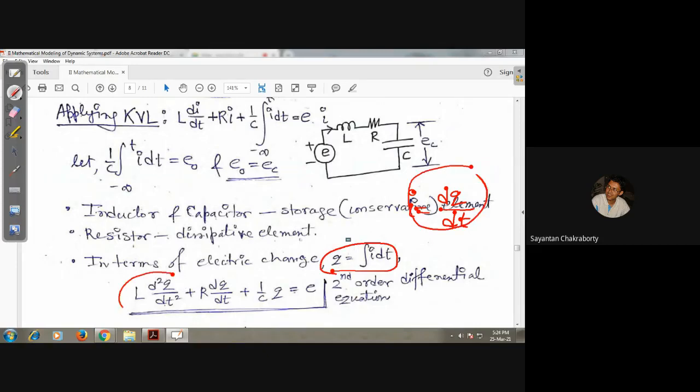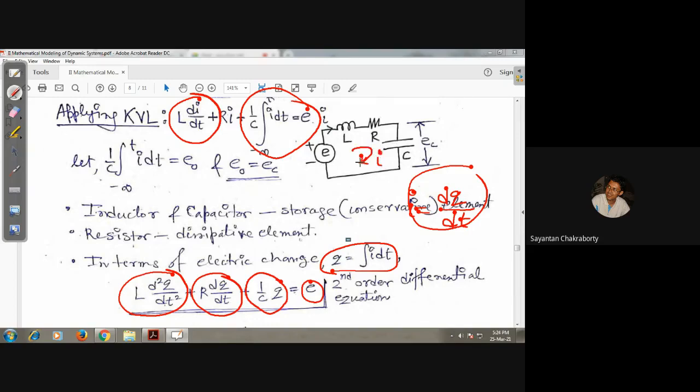L d2q/dt square, that is from L di/dt. Ri will be R dq/dt, and this will be 1/C into q is equal to E. What is E? E is the forcing function here. That is the voltage that you apply to the circuit, which will drive this current i in the circuit. So this is the equation describing the dynamics of this RLC series circuit.